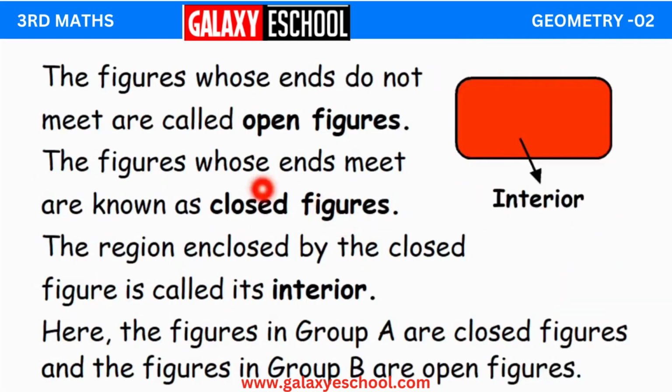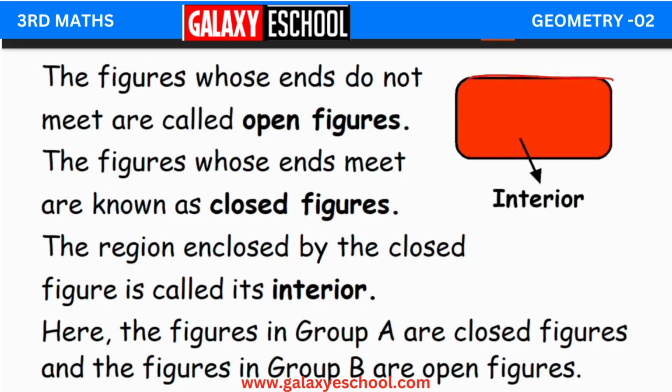The figures whose ends meet are known as closed figures, and the figures whose ends do not meet are called open figures. And the region enclosed by the figure is called its interior. Enclosed means this is a closed figure. Yes or no? Yes. So we are having some area inside the figure.